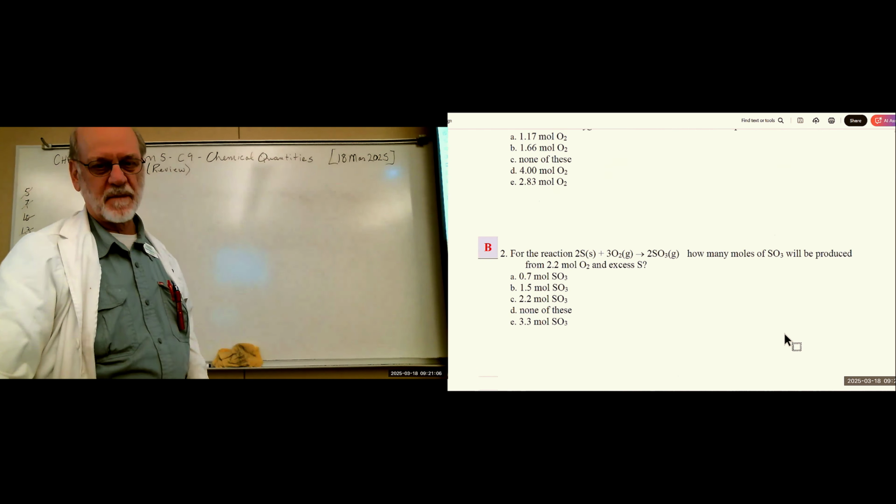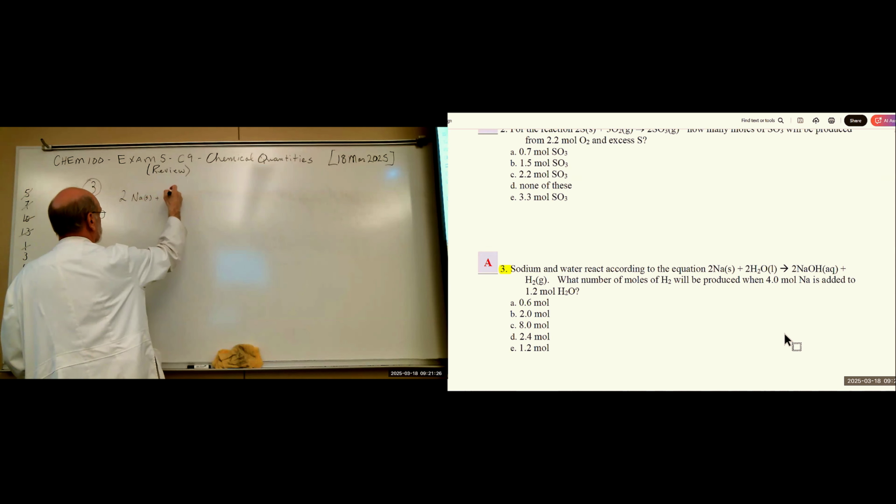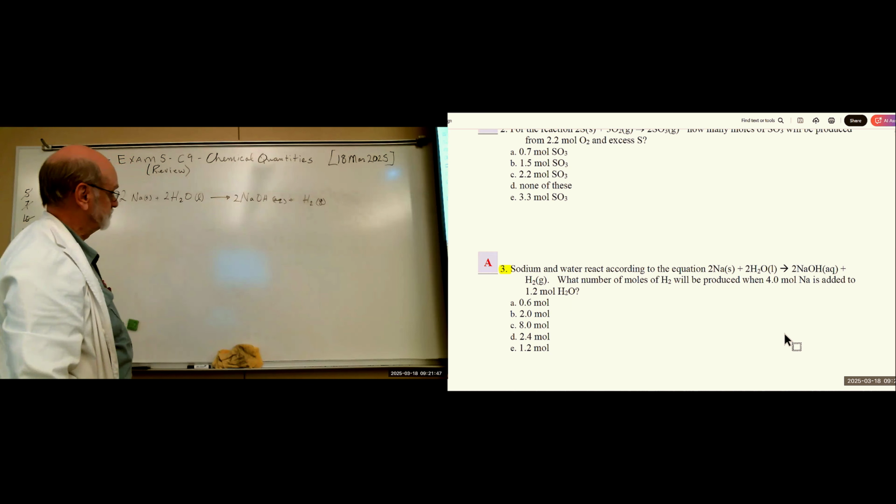Okay, so we got 2 sodium plus water yields sodium hydroxide in solution plus hydrogen gas. And let's see, to balance that, we need 2 and 2. 2 here and 2 there. Okay.